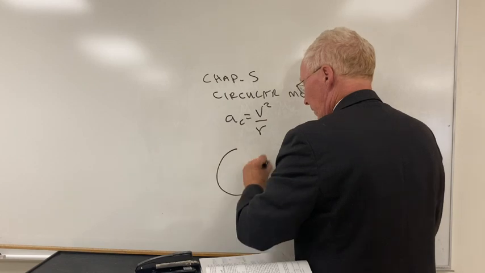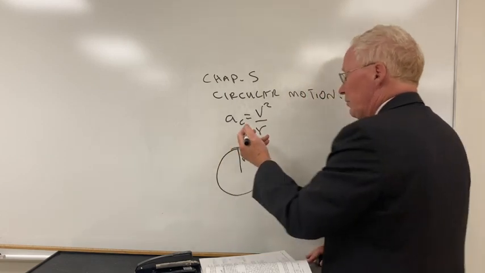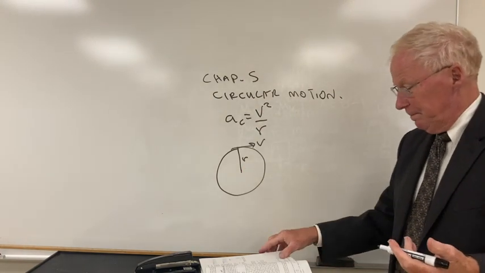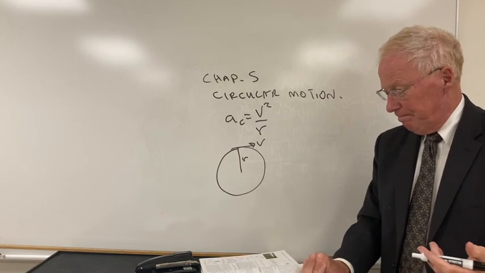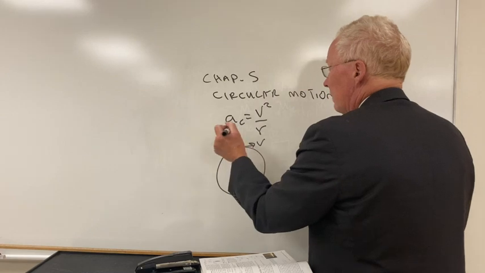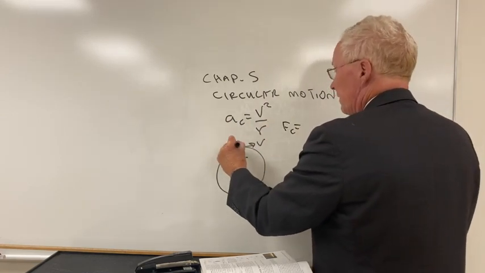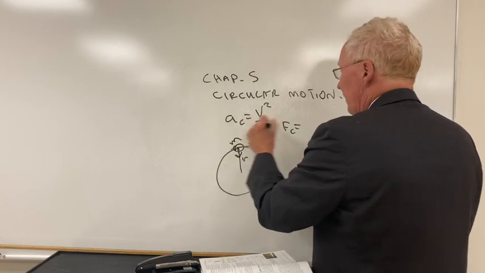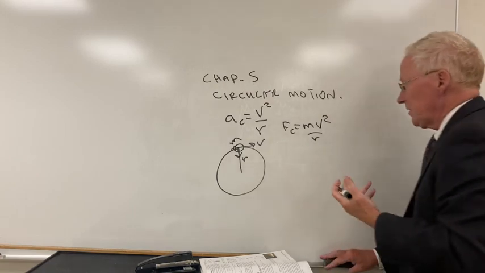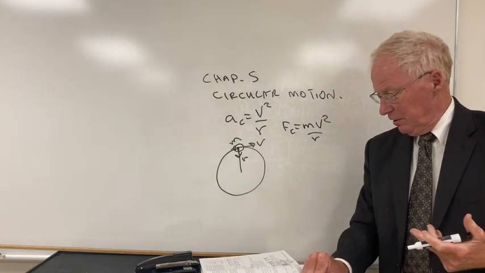So for something traveling in a circle with some speed v and radius r, the centripetal acceleration is given by v squared over r. And then the centripetal force, for an object of mass m, will be m v squared over r. So that's the centripetal force.